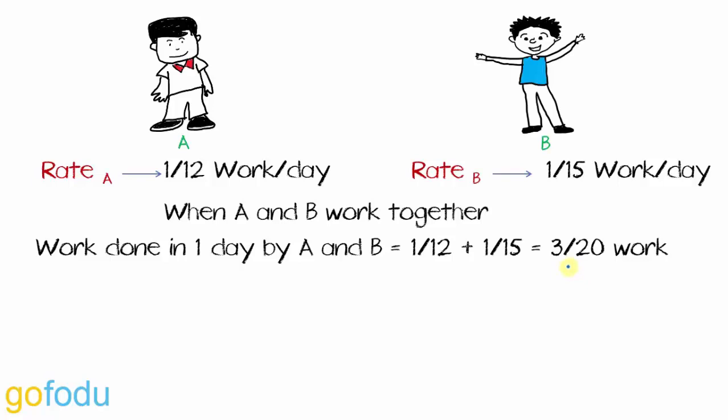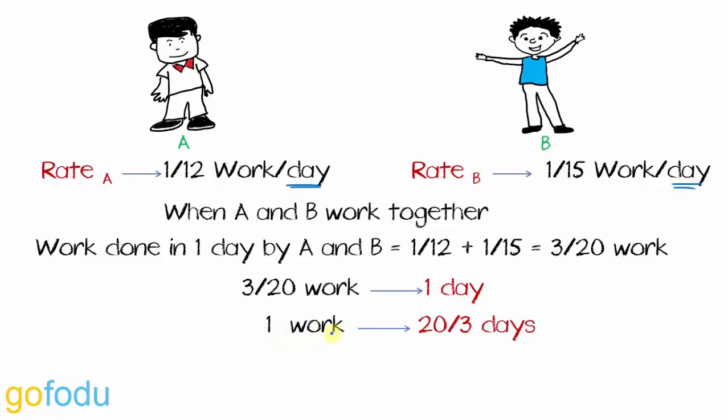So work can be added, and to further simplify the process, we are dealing in a day's work, right? We are talking about work done per day. Once we have got how much work is being done in one day, we can get results for any number of days. So 3 upon 20 work is done in one day.